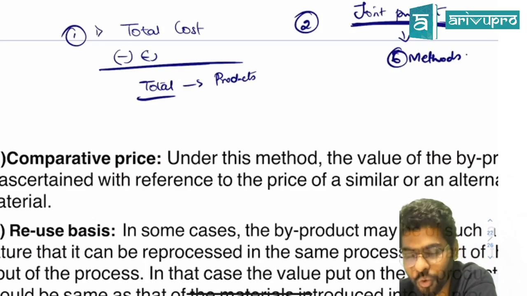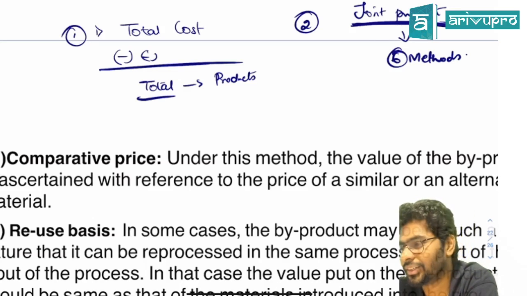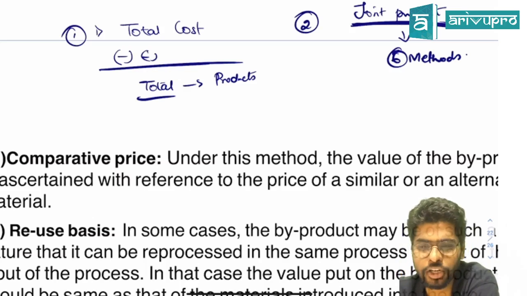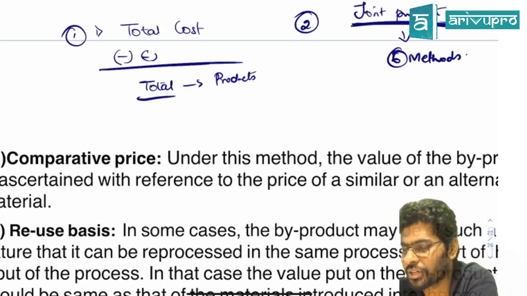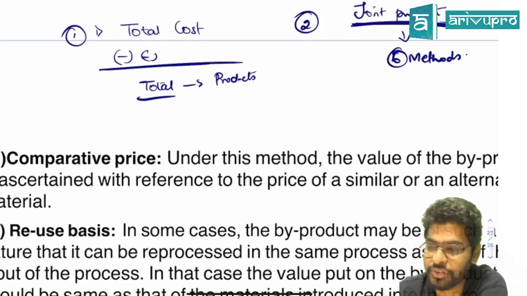That is, either I can go with physical units or net realizable value or market value at the split off point or market value post separation or the contribution method or the average unit method. You can go with any, only when your byproducts have a considerable value.